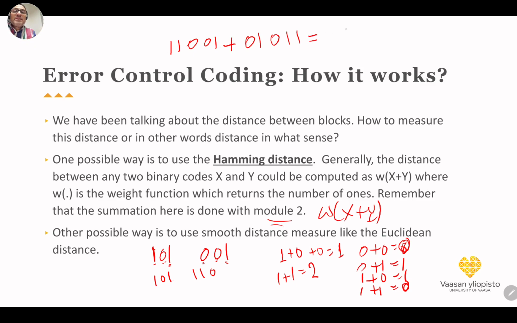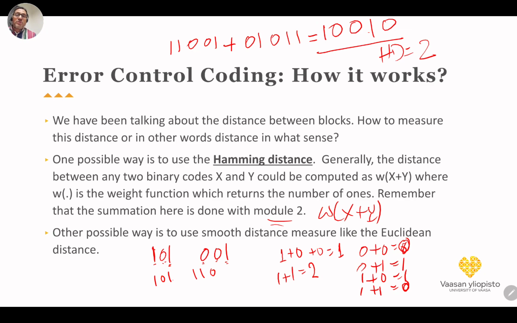So 1 plus 0 is 1, 1 plus 1 is 0, 0 plus 0 is 0, 0 plus 1 is 1, and 1 plus 1 is 0. Now count how many ones you have. You have 2. Then the Hamming distance equals 2, because we have 2 ones. 2 ones means that we have 2 differences between those codes.